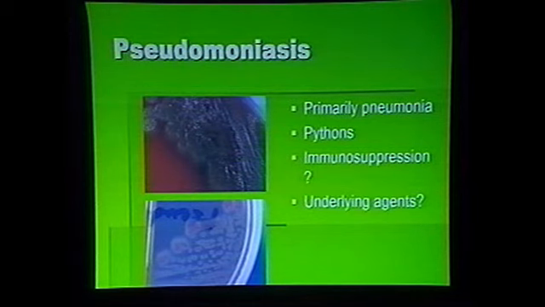Possibly there are some underlying infectious agents involved in this Pseudomonas pneumonia that we haven't characterized yet, such as mycoplasmas or viruses. But Pseudomonas aeruginosa is a common isolate in the chronic smoldering proliferative pneumonias of pythons.